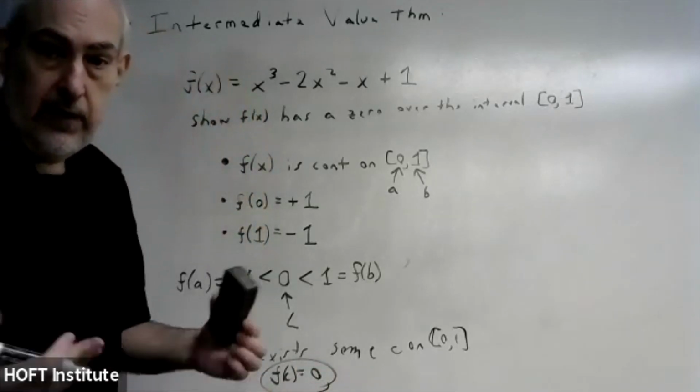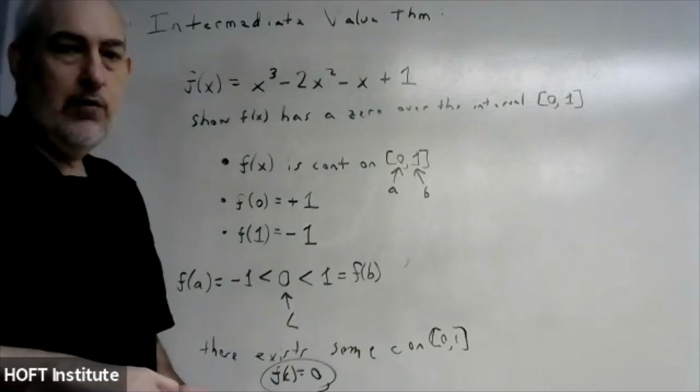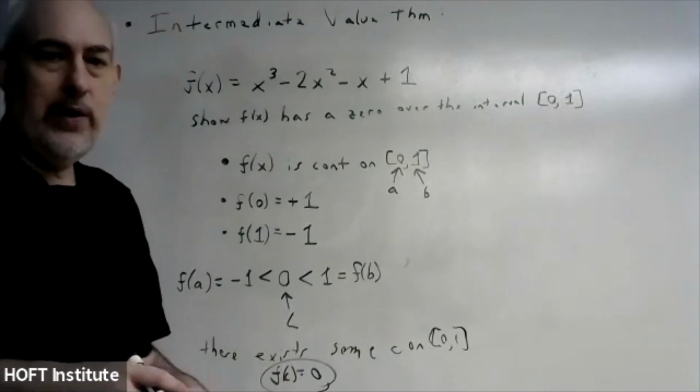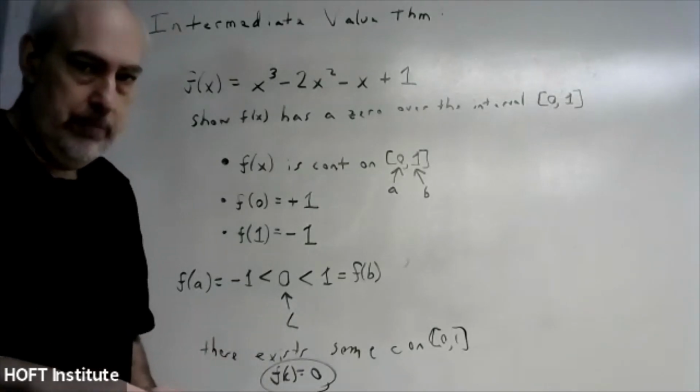And if f of C is 0, that means that it is crossing the x-axis, and that is what we call a 0 of a function.